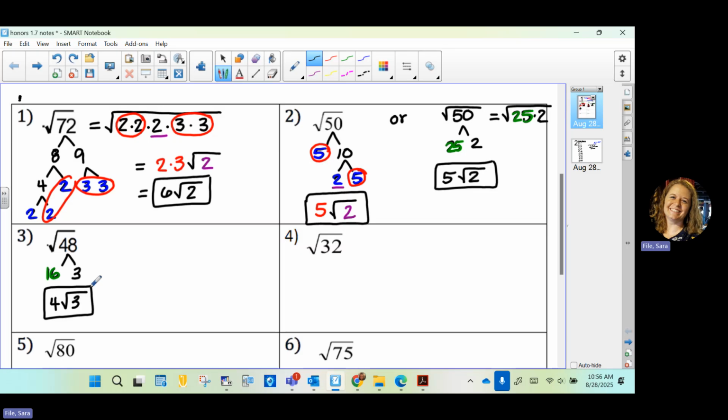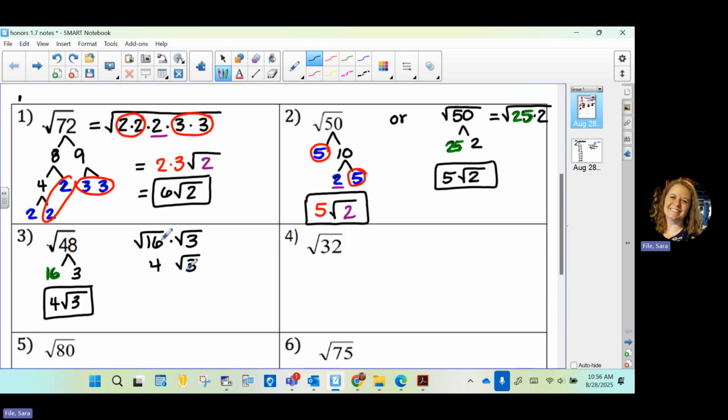Now, there are on Delta Math some guided questions that are trying to break the process down for you. You only have to do 2 of the guided, and then you're just going to do some other practice however you want. In the guided practice, it has you break it down like this. It says, this is square root of 16 times square root of 3. And then it says, square root of 16, that's the 4, and then that's still the 3.